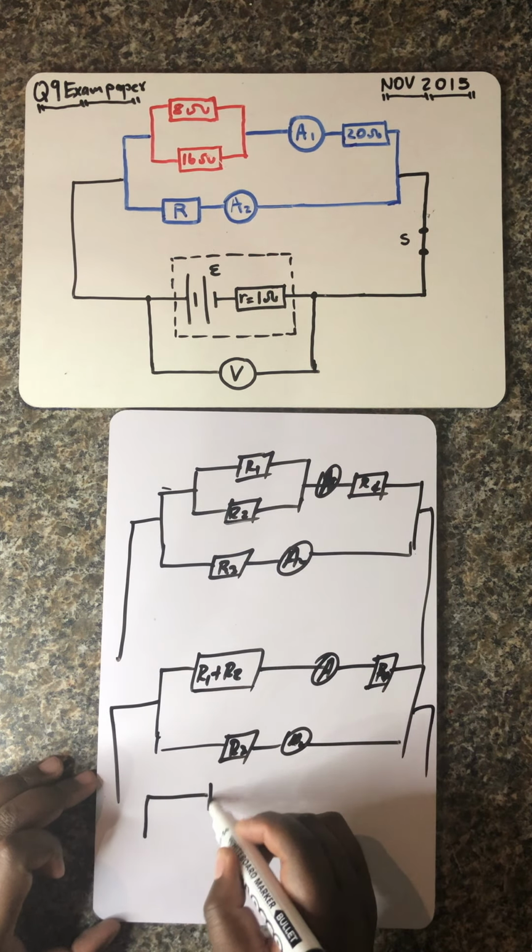The potential difference across a conductor is directly proportional to the current in the conductor at constant temperature.